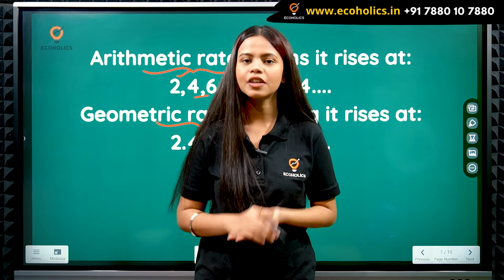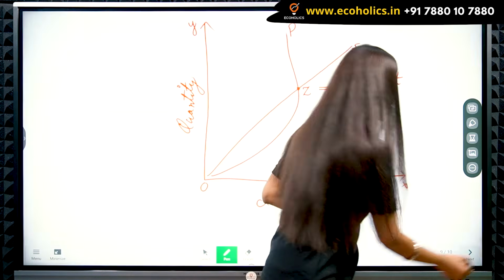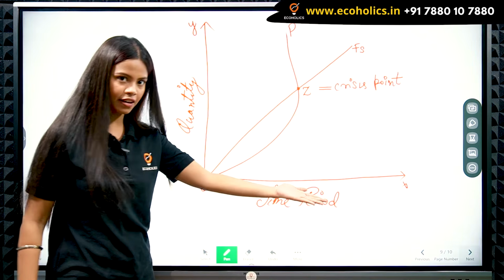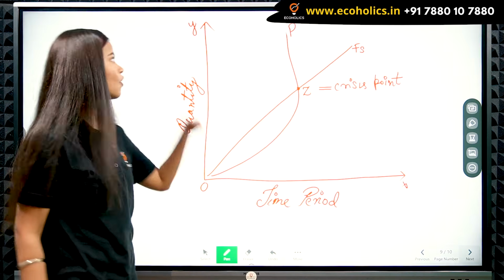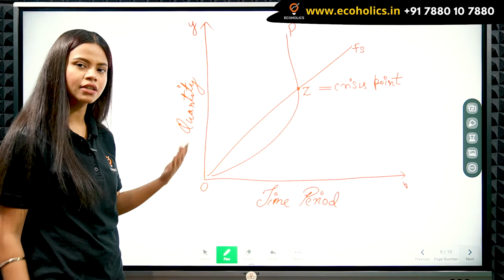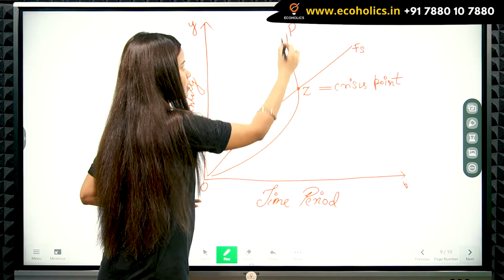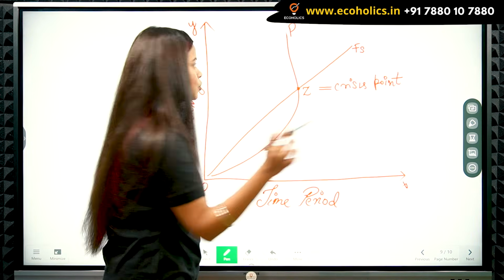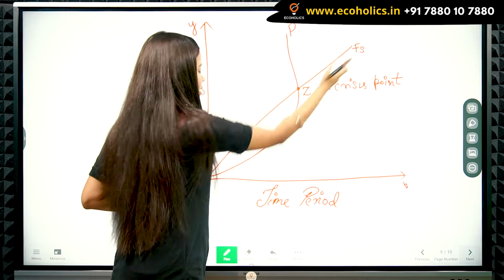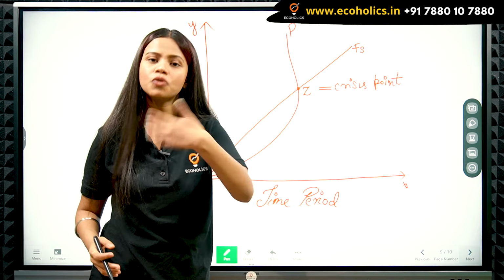Let's understand this theory with the help of a graph. Here on the x-axis we have the time period, on the y-axis we have the quantity. We have two curves. First we have this curve, which is the population growth rate, and this line here shows the growth rate of food supply.